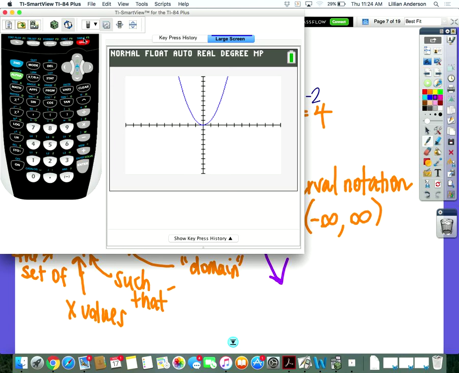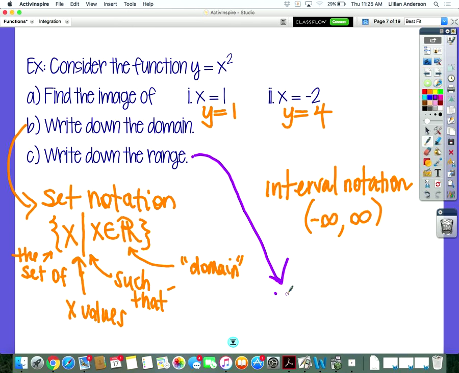Is 0 defined? Do you think there's an open circle at 0, making it undefined? No, it's a bracket because it stops. It is going to be a bracket there. So we're starting at 0, we're going all the way into what? Infinity. So our range, if we're writing it in interval notation, is 0 to infinity.